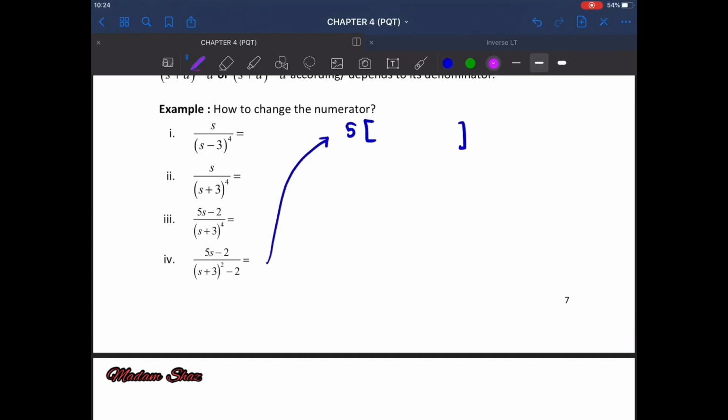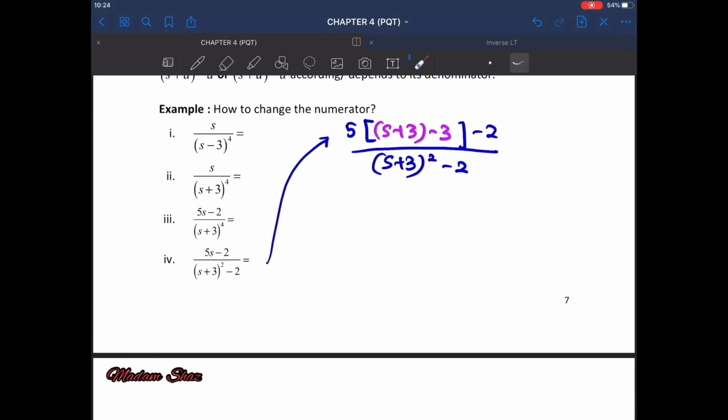So s will become (s plus 3) minus 3. Minus 2 at the behind here, we will write minus 2 at the behind of the square bracket. Divide the whole thing by (s plus 3) to the power of 2 minus 2.